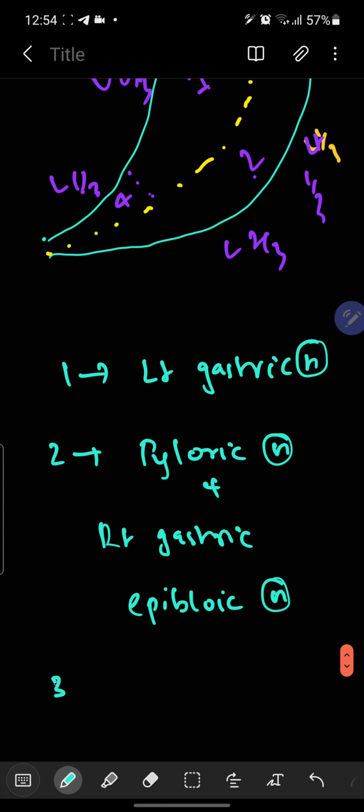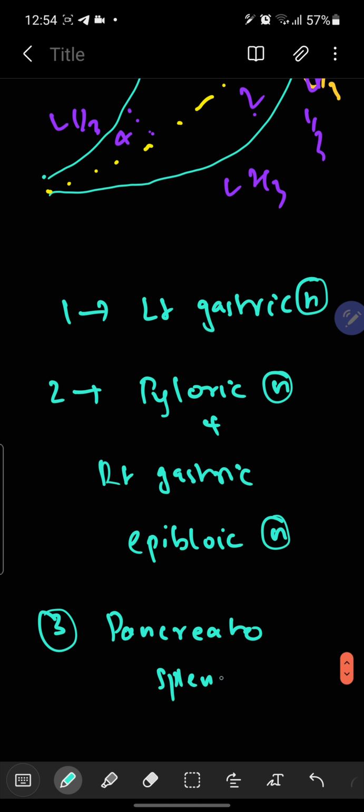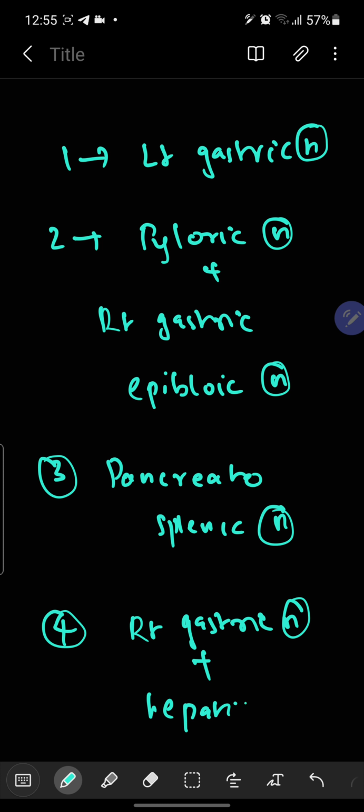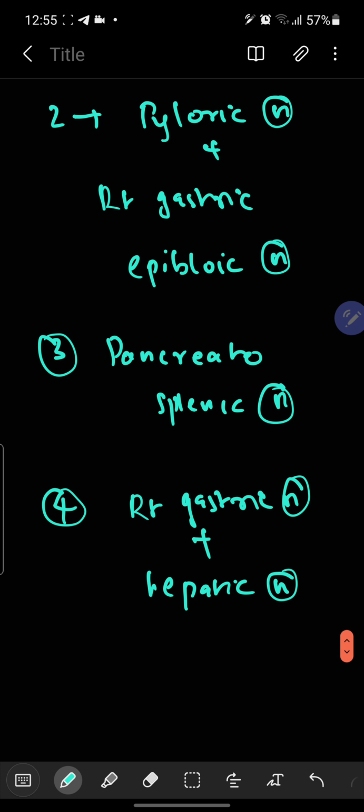In the third region, it will be draining into pancreaticosplenic node. And the last fourth region will be draining into right gastric node plus hepatic node. So this is the area of drainage. These all nodes will finally drain into celiac node.